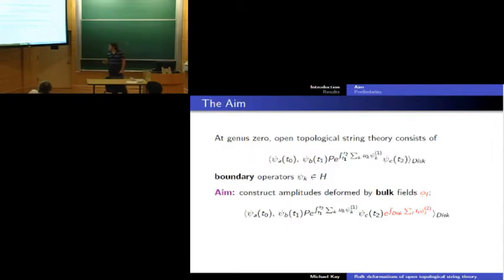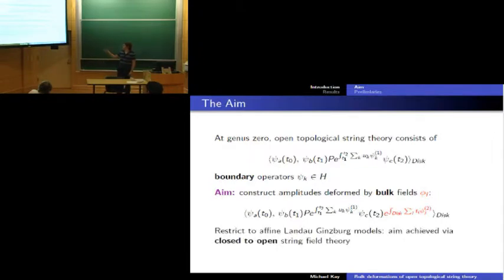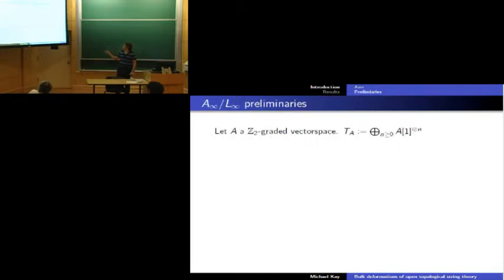The first is restricted to affine Landau-Ginzburg models, and we'll see that the aim is achieved via, let's say, close to open topological string field theory, so to speak. Okay, so first of all, let's remind what the underlying structure of those boundary amplitudes is. So this is an A-infinity structure, so let's remind what that is.